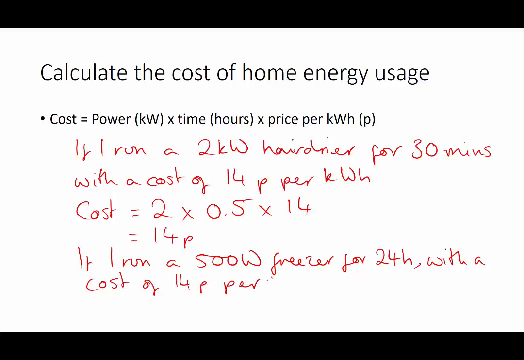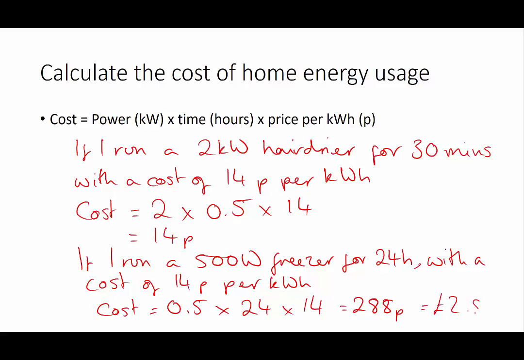This time we need to convert from watts to kilowatts. So 500 watts is half of a kilowatt, so it's 0.5 times 24 times 14, and that gives us a total of 168 pence, or £1.68.